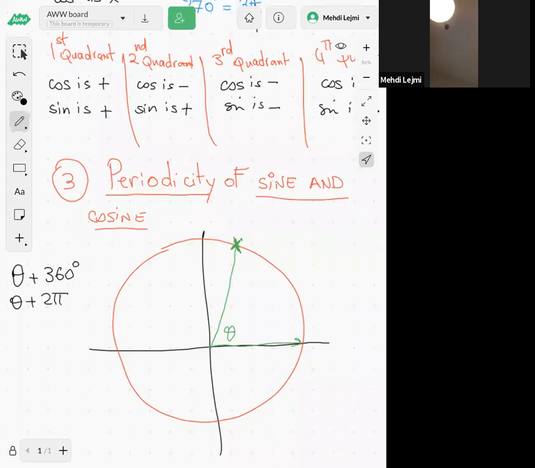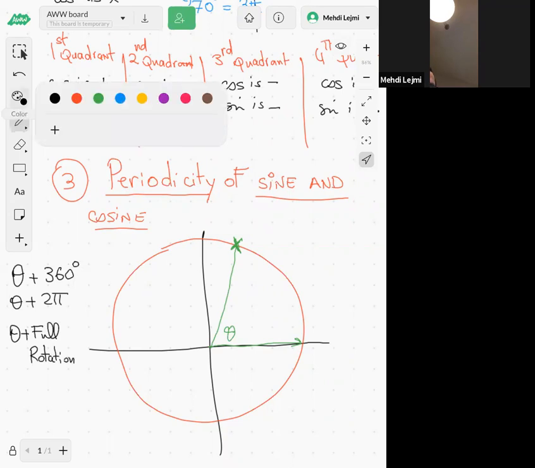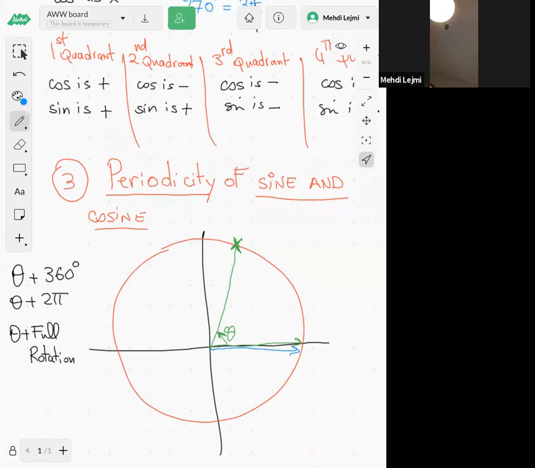That's theta plus a full rotation. So we start from here, and of course this is angle theta, the green one. Now I start from the same side here.